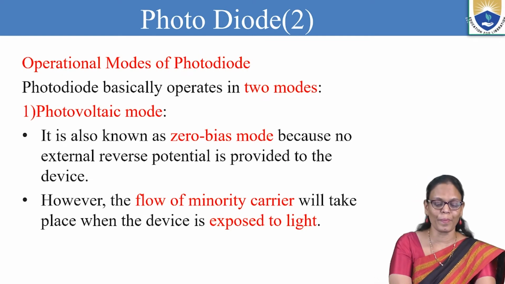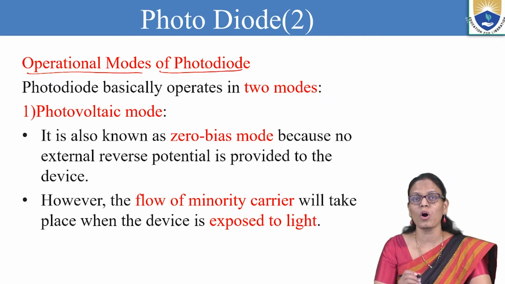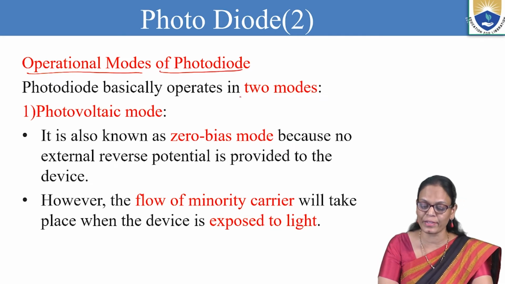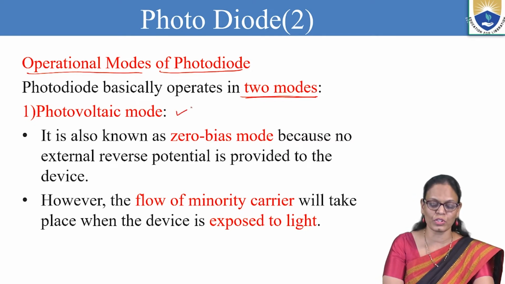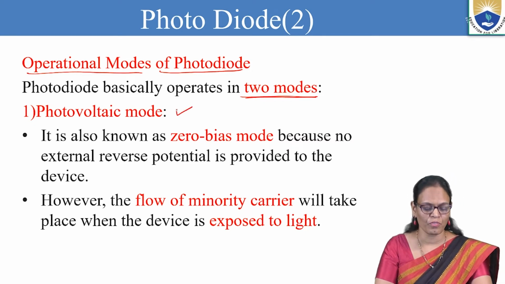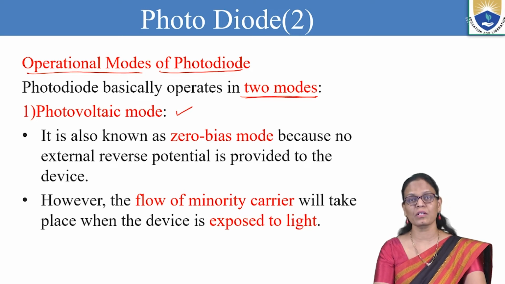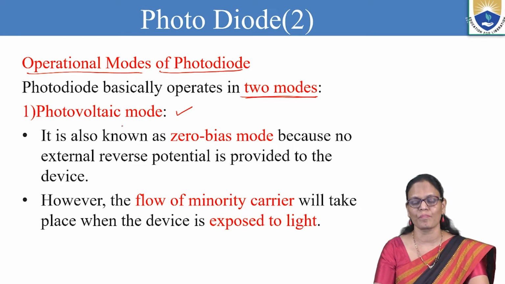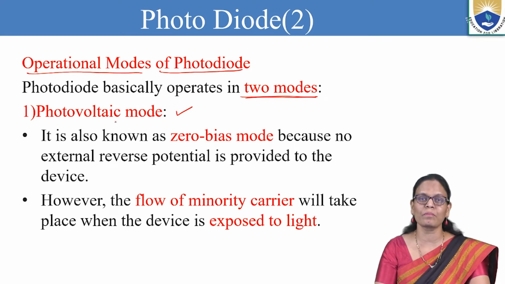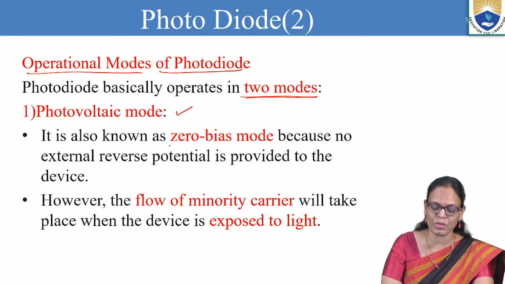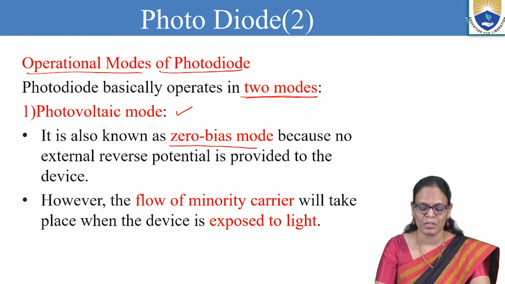Now coming to the operational modes of photodiode. What are the operational modes? It operates in two modes. The first mode of operation is photovoltaic mode. This photovoltaic mode is also known as zero bias mode. So what do you understand by zero bias?